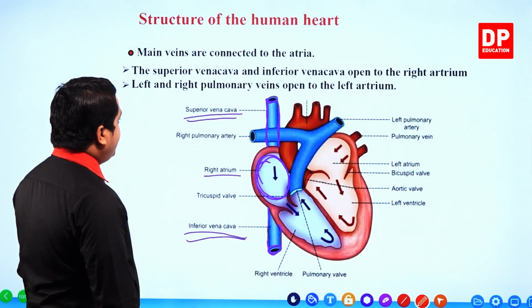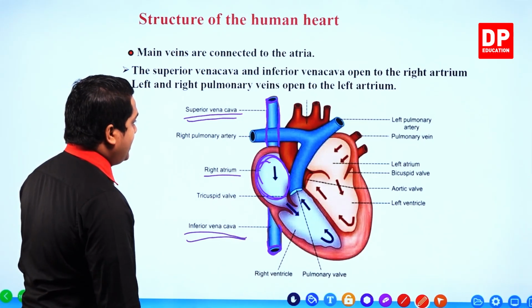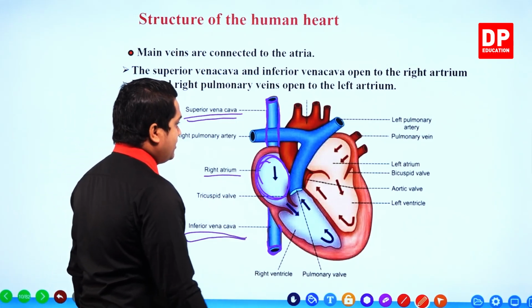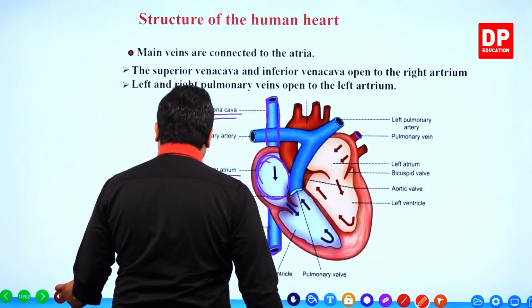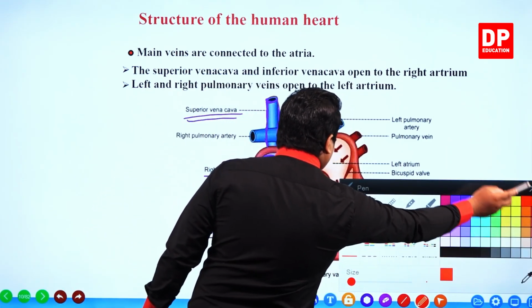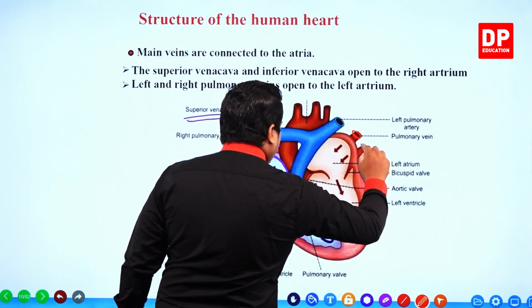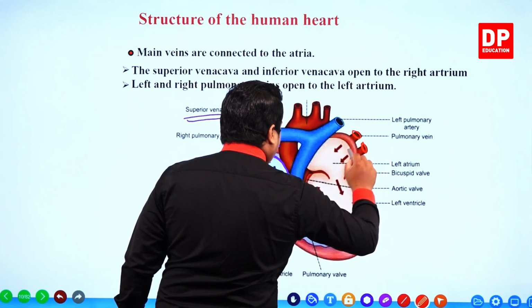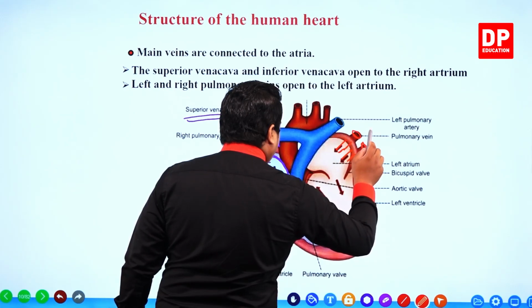Then the left and right pulmonary veins open to the left atrium. You can observe the pulmonary veins in here, see. There are two, left and right.